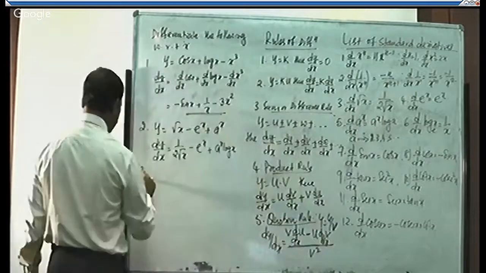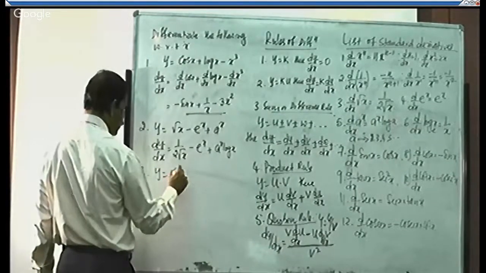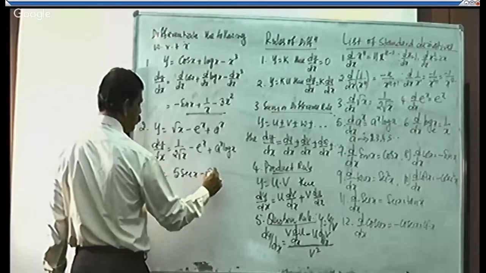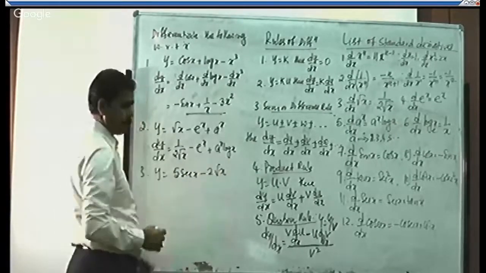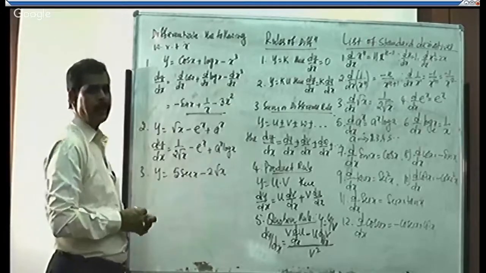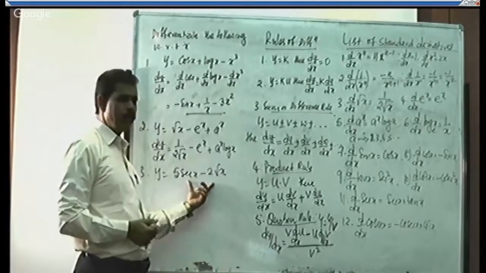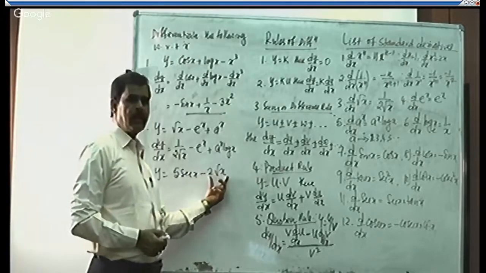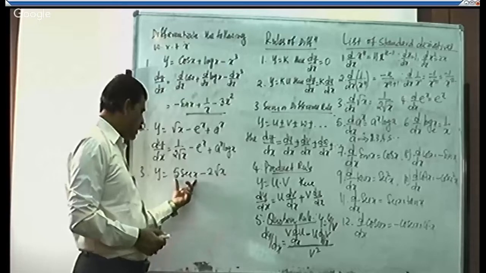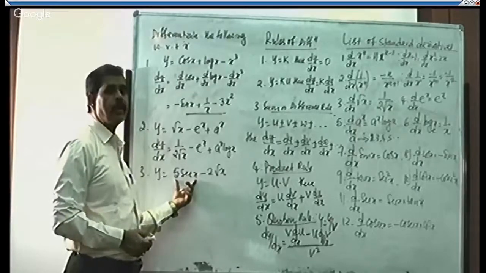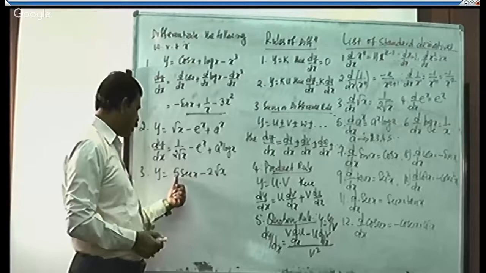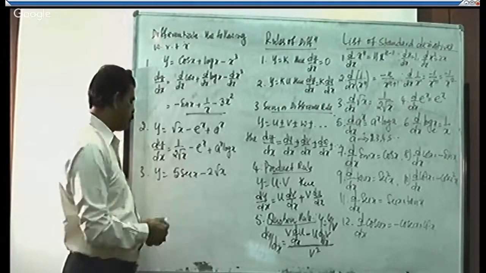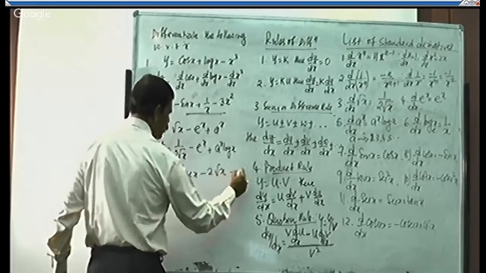Right? See this, y is equal to 5 secant x minus 2 root x. Basically, it is a difference of two terms. This is an x term minus another x term. But if you look at the individual terms, how do they appear? They appear like constant into function, the second rule. Basically, it is the third rule.